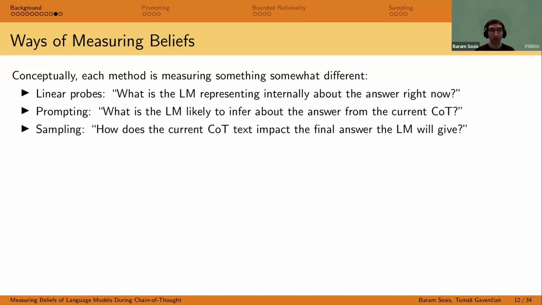And sampling is doing something somewhat different. It's asking how the current chain of thought influences the final distribution of answers that you get if you continue the chain of thought process. So these are all asking somewhat different questions, but I thought it would be interesting to see what sort of results they give, and I ended up looking at all three of them.